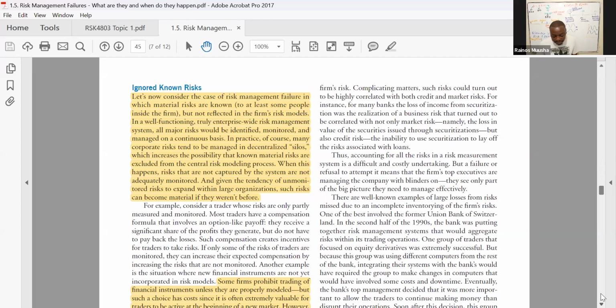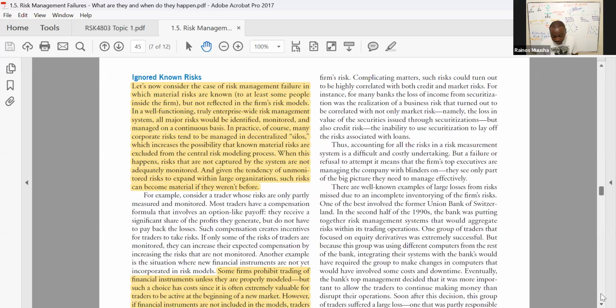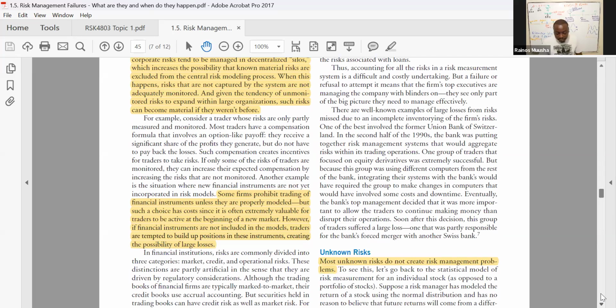So when this happens, risks that are not captured by the system are not adequately monitored. And given the tendency of unmonitored risk to expand within large organizations, such risks can become material if they weren't before. So here they say some firms prohibit trading of financial instruments unless they are properly modeled.